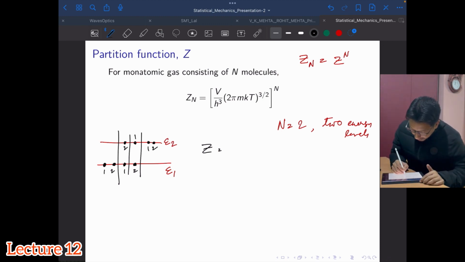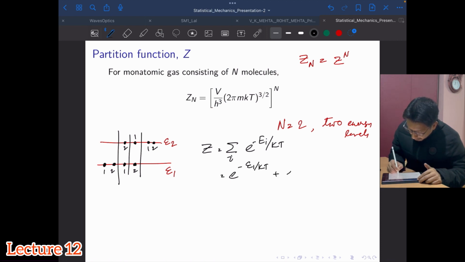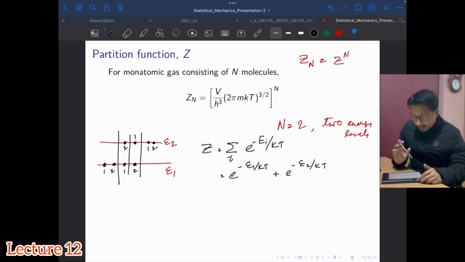Let me just repeat here, sum over i, gi here, we do not have any degeneracy, so it will be simply e to the power epsilon i by kT. So for a single particle with two energy states, it will be e to the power epsilon 1 by kT plus e to the power E2 by kT. So this is our single particle partition function.